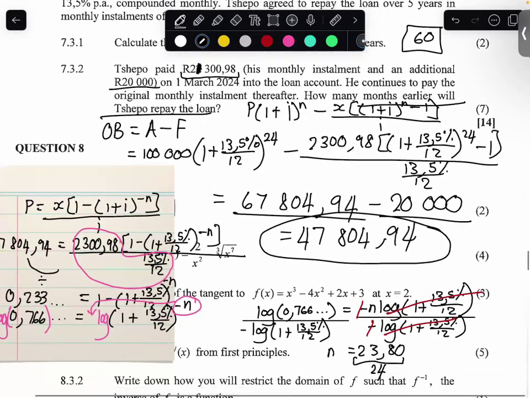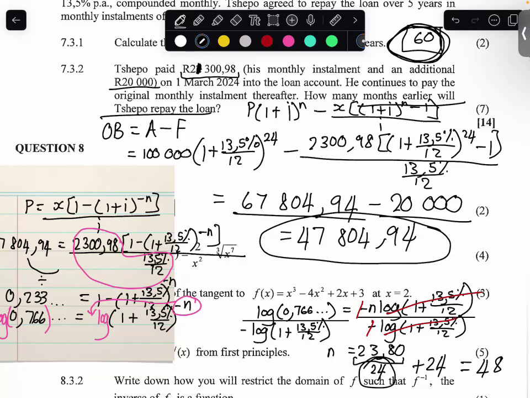So this 24 plus the first 24 gives you 48. And so it's supposed to end in 60 months, but it's going to end in 48 months, which means it's going to end 12 months earlier.